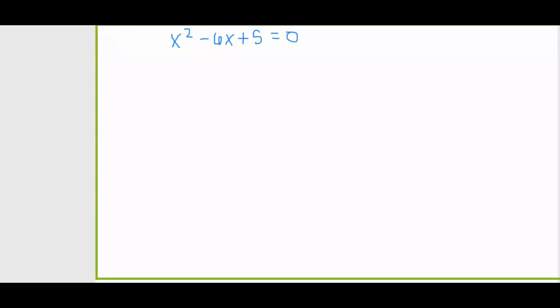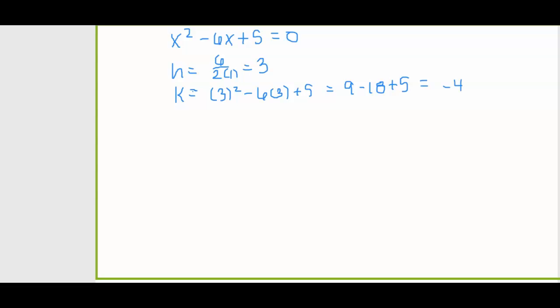So what you would do is find your h and k. So your h and k are 3, -4.